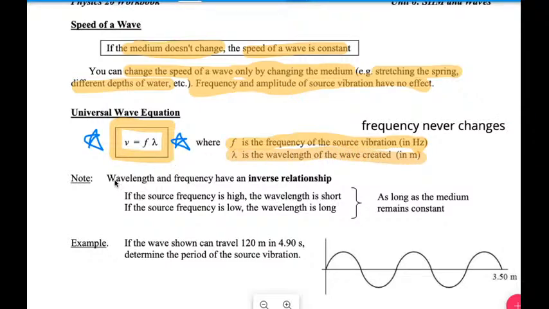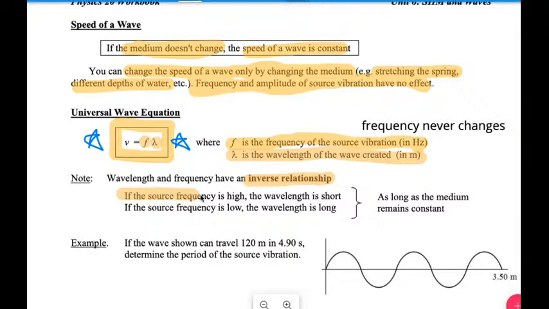So if we just look at the proportionality of this equation, our wavelength and frequency are inversely proportional. If we divide one side by wavelength, we'll have frequency is 1 over wavelength, or v over wavelength. They have an inverse relationship. And if one goes up, the other goes down.